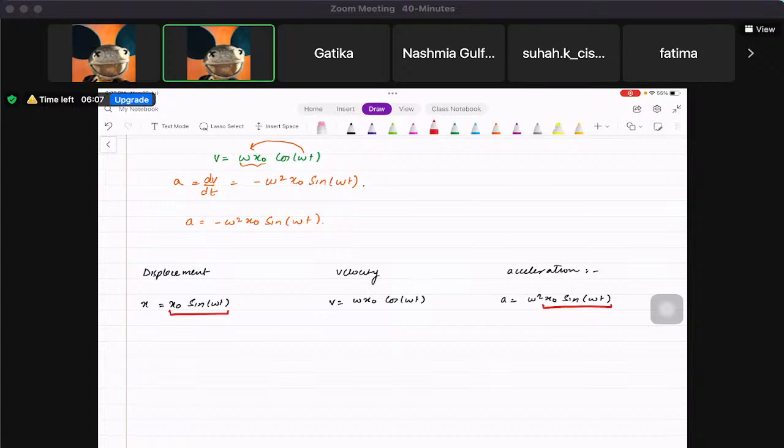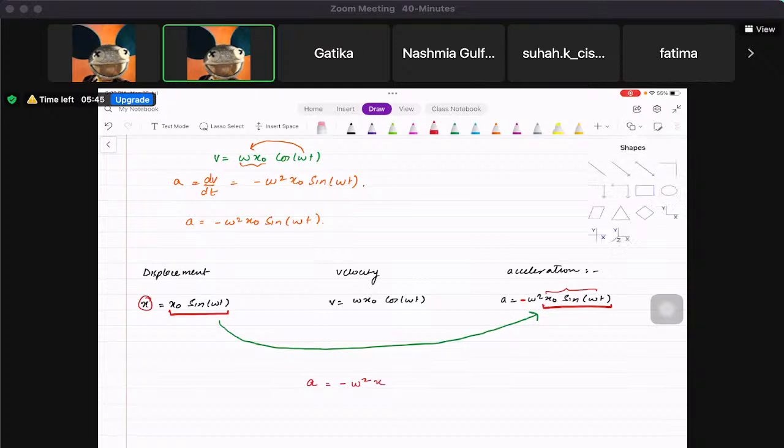If I replace this right here, what am I going to get? Acceleration is minus omega squared, and instead of all of this, I can write x. Did you see this equation before?